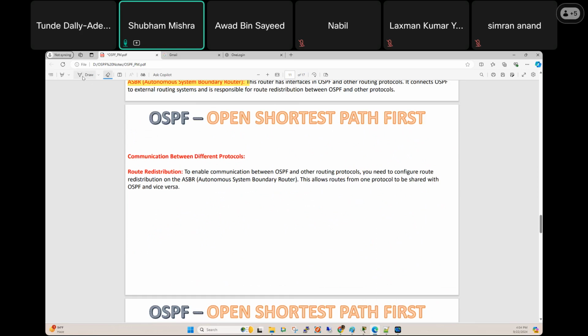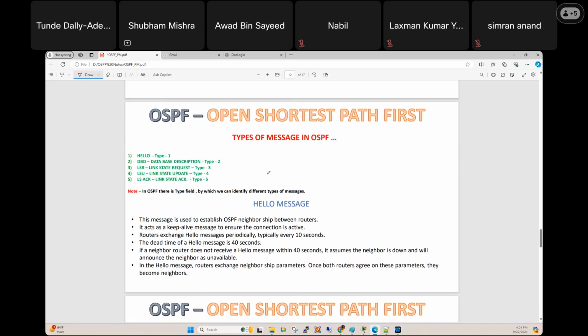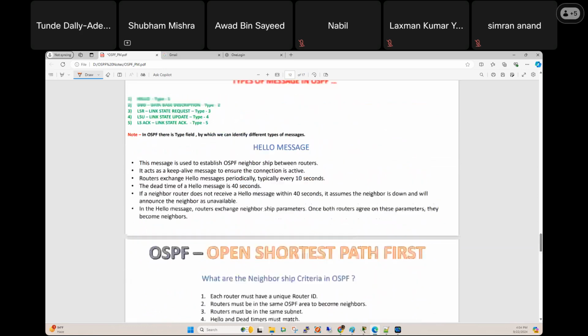But ASBR means one interface will be in OSPF and another in a different routing protocol. So you need to perform the redistribution on the ASBR only. Understand, everyone? Tell me yes or no. Yes, sir. Okay.